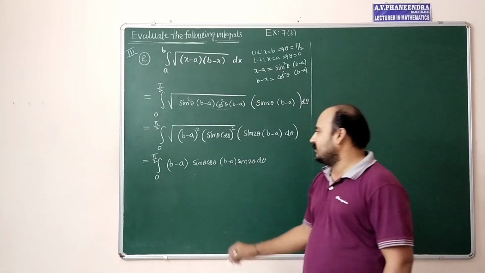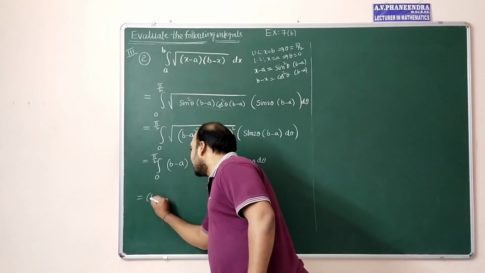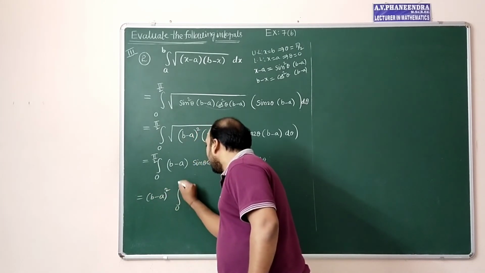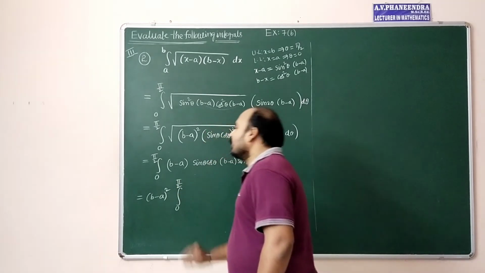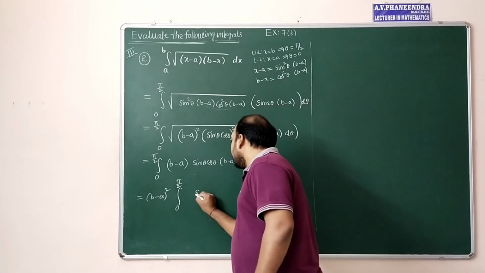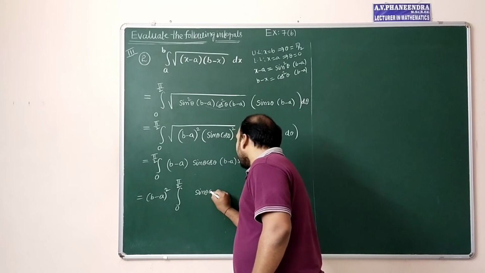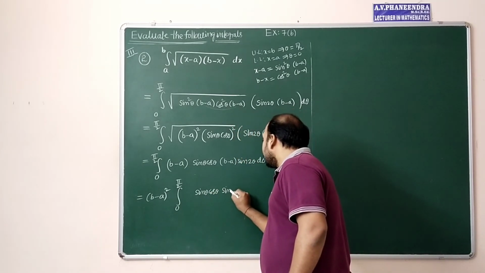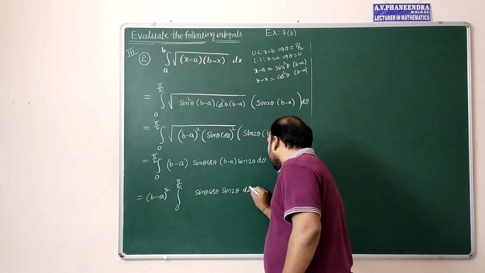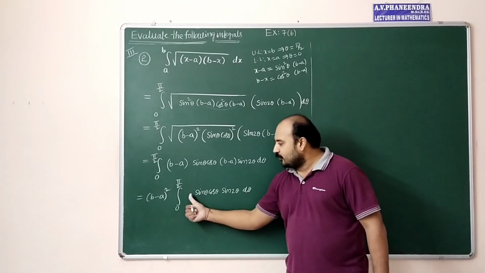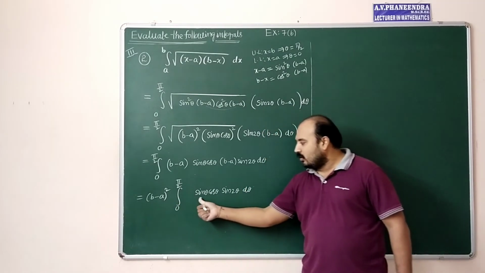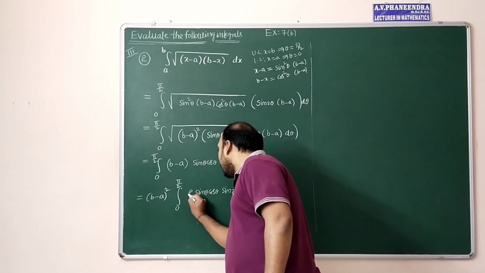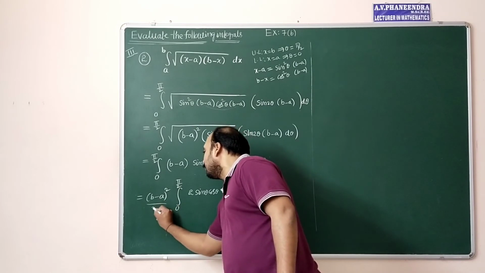Constant we can take outside. So now b minus a whole square, integral 0 to pi by 2 sin theta cos theta into sin 2 theta into d theta. Here if we multiply and divide by 2, it will become sin 2 theta only, no? So for that I am multiplying by 2, dividing by 2.